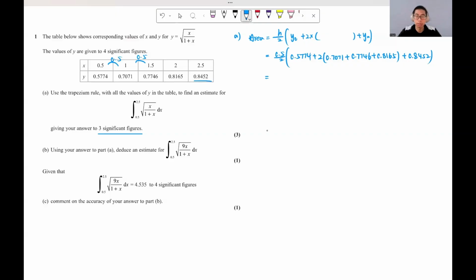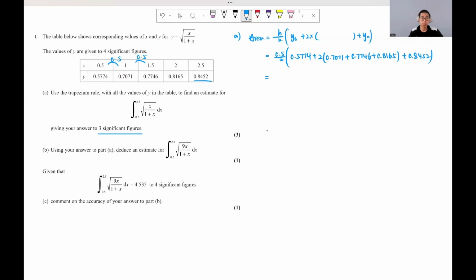So that would be 0.5 over 2 times by big brackets 0.5774 plus 2 times by all the y values in between. Let's see, 0.7071 plus 0.7746 plus 0.8165, close brackets, plus 0.8452, and another close brackets.